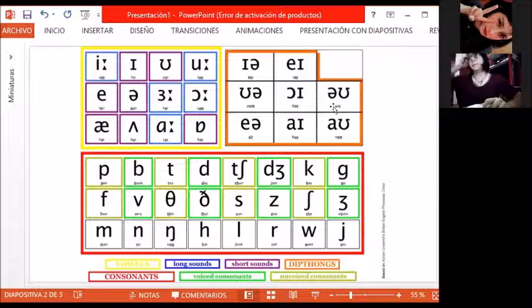For example, this one says oi, boy. Okay, it's oi. As you are probably listening, we are pronouncing an o sound and an e sound.